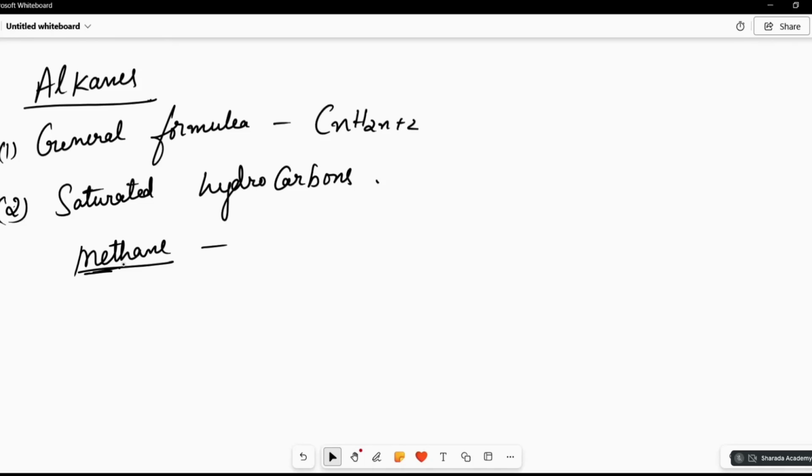So one example I will give about the alkanes. Alkanes means they have single bonds, that is, they are saturated hydrocarbons. In that, first one is methane. Meth means if you have one carbon atom in that compound. And ane indicates it is a single bond. So, how to write that?